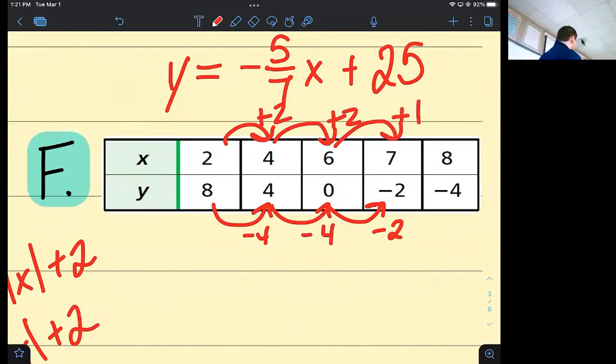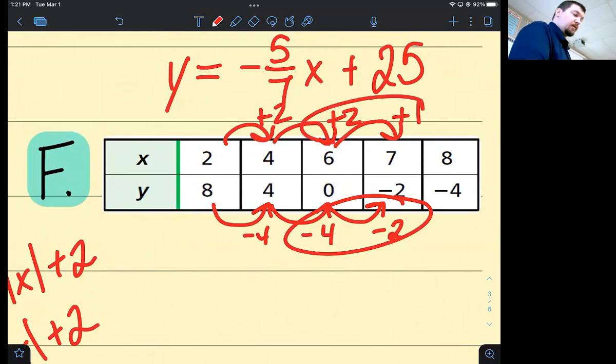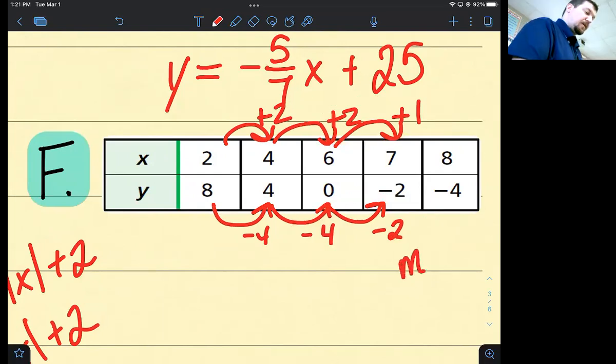Is the slope of -4/2 the same as -2/1? So this is constant. This is linear. Even though we went from changing by -4 to -2, we also went from changing by 2 to 1 in this particular one. So this is a constant rate of change. And we just said the slope there is going to be -2/1 or just -2.